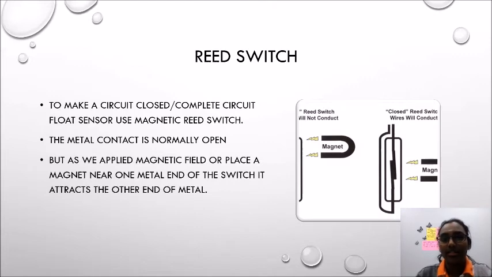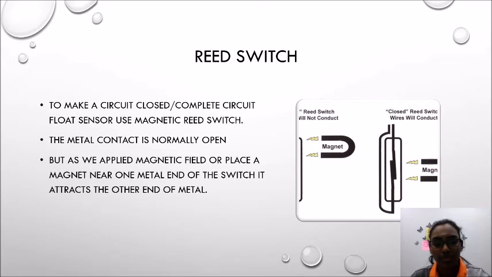Here, this is the reed switch. To make a closed or complete circuit, the float sensor uses a magnetic reed switch. The metal contact is normally open, but as we apply a magnetic field or place a magnet bar near one metal end of the switch, it attracts the other end of metal, which makes the path for current to pass through.